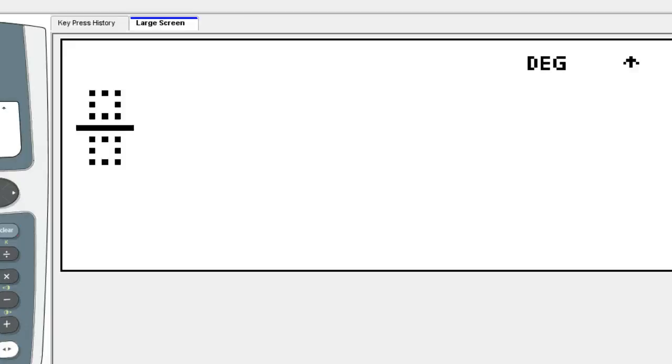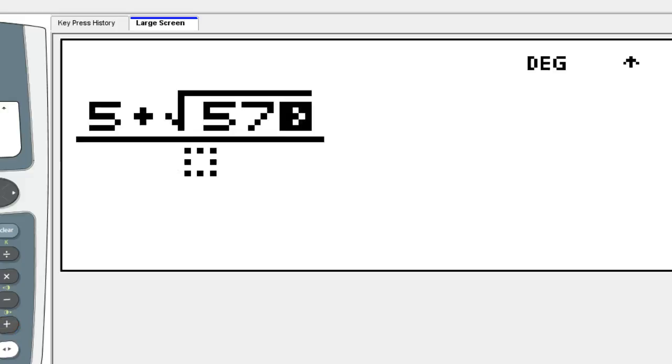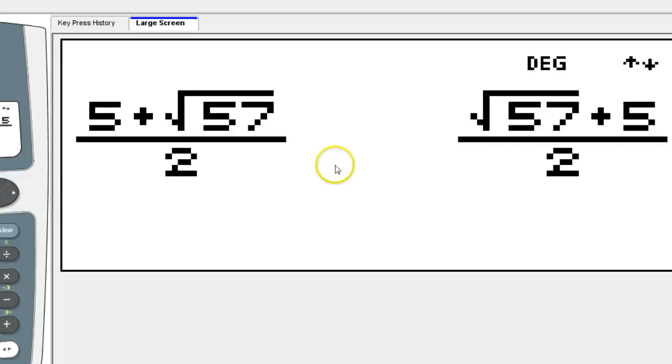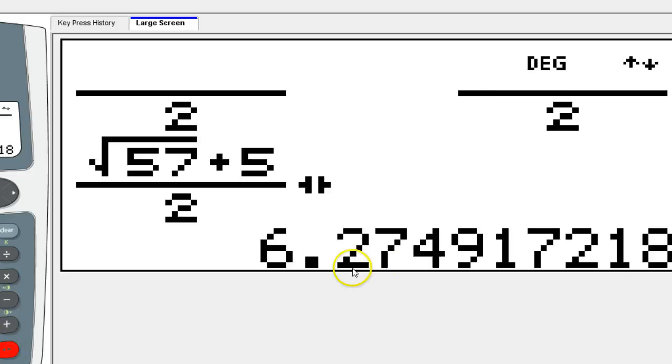So 5 plus radical 57 over 2, in fraction mode. Enter. First it just switches these around for some reason. I don't care about that, so I'll just hit the toggle button to get the decimal. I'll do 2 decimal places, the nearest hundredth. So that's 6.27.